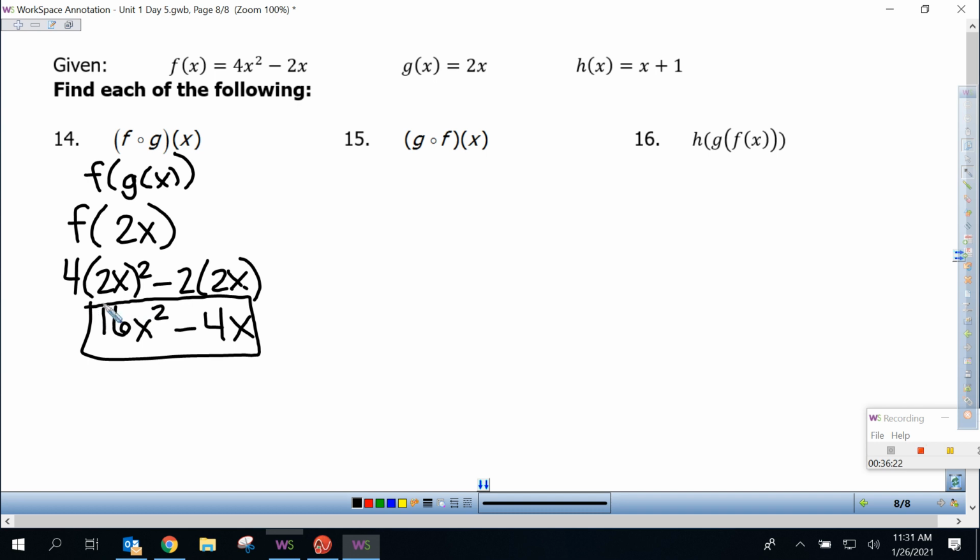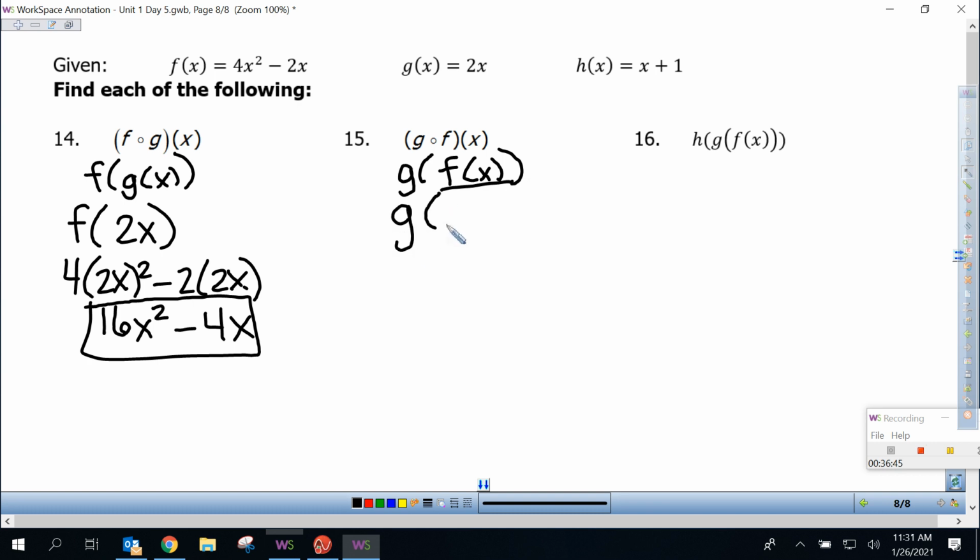Number 15. I see g of f. Does that mean multiply? No, it does not. What does that mean? g of f of x. So start with the innermost parentheses.